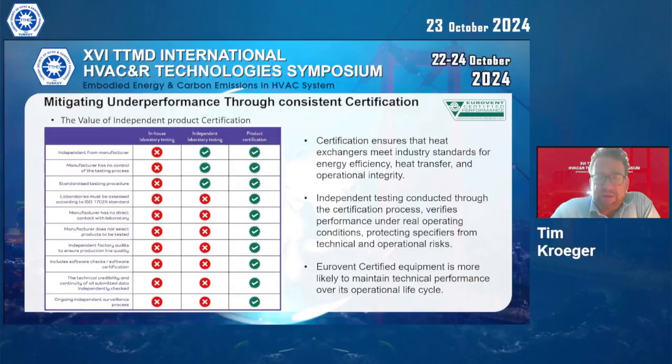So for the manufacturer, they can use certification as a great differentiator in the market. And for the end user or the technical decider for any refrigeration or air conditioning application, they can have the peace of mind that what they select will actually perform to specification in real life.